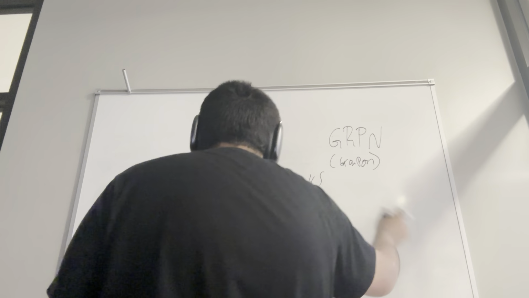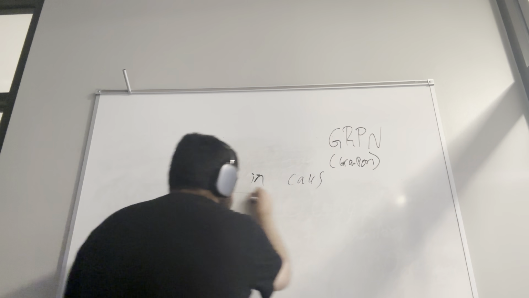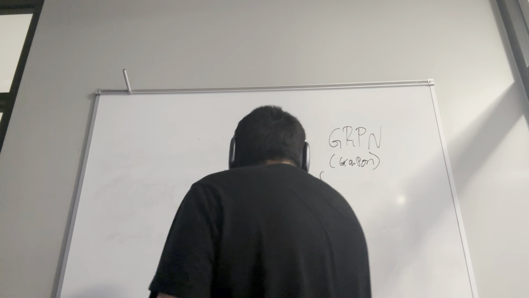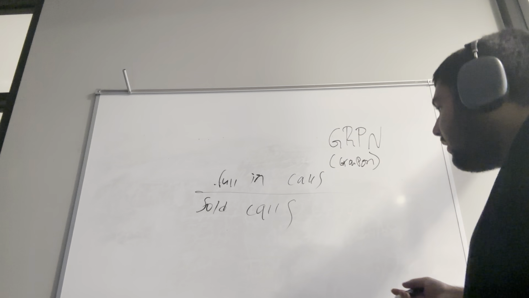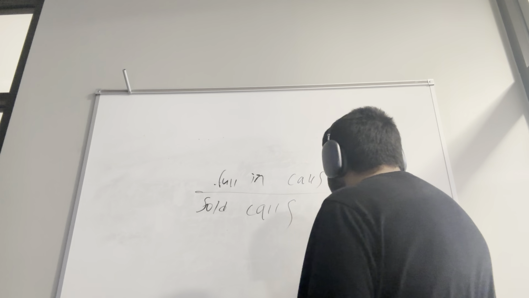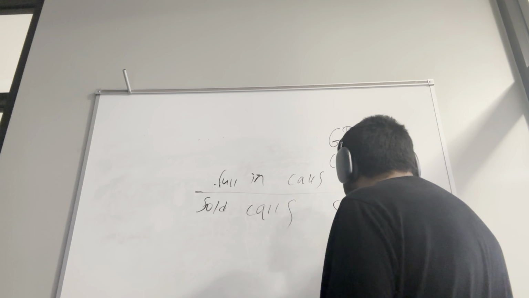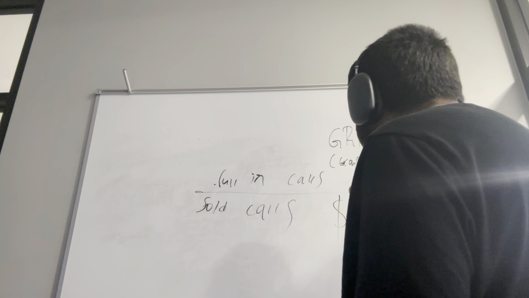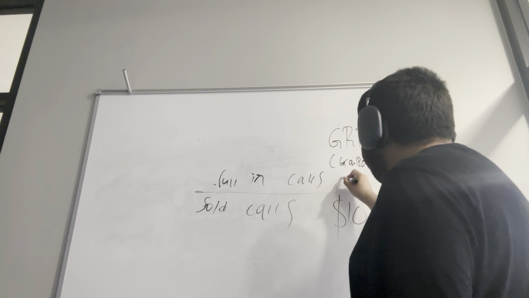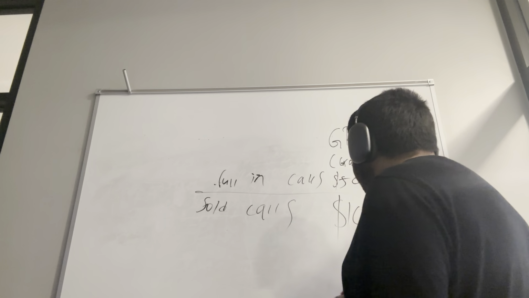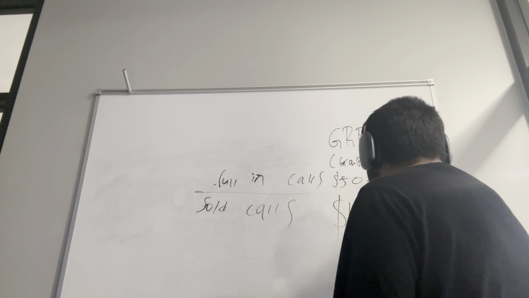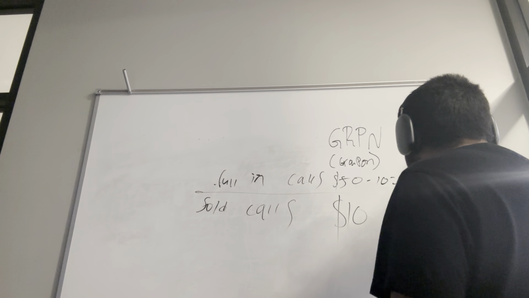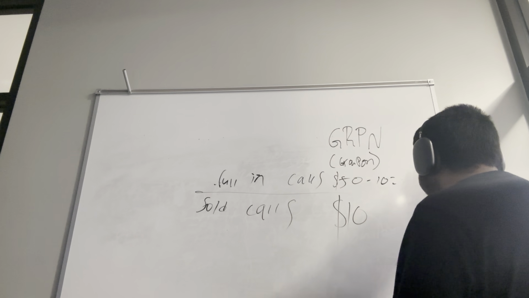Now, if I sold some calls, and then I used this money, say it was $10. Say this was 50 in my total. Then I sold some, so minus 10 equals. So now my options are only worth 40.